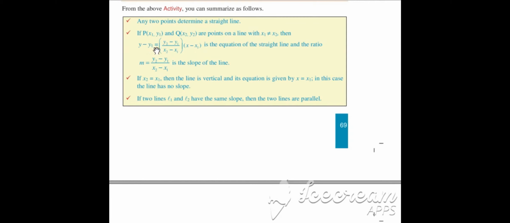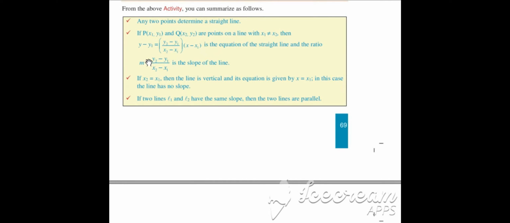That is, y minus y1 is equal to (y2 minus y1) over (x2 minus x1), which is the slope of the line that passes through points P and Q, times (x minus x1).